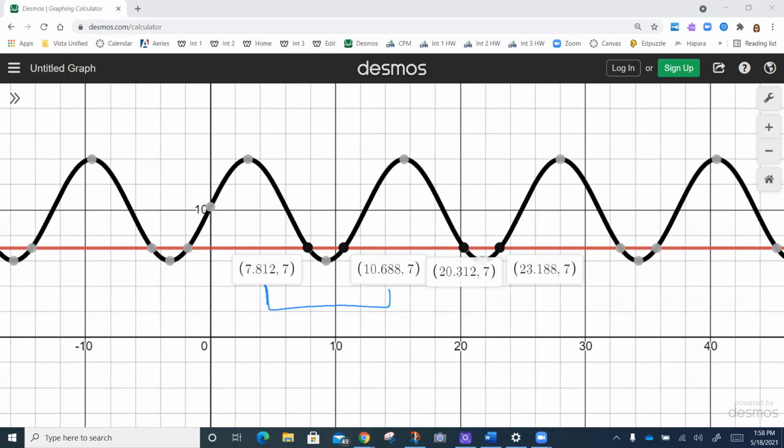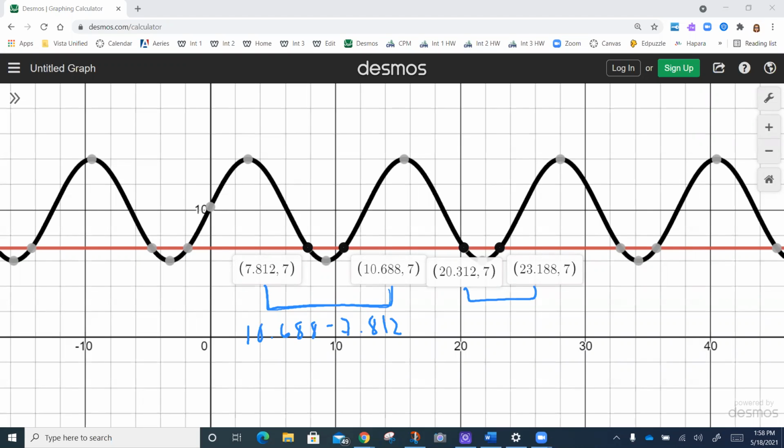Okay, so from here to here. So I'm going to be basically subtracting these from each other. And then again from here to here. Now, if I subtract those should be the same.